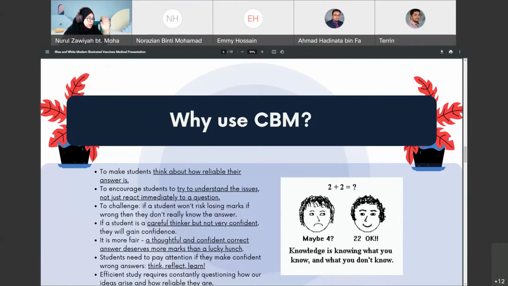If they see the CBM results, they will think, reflect, and learn. Oh, I was really confident 2 plus 2 is 22, but I was wrong. Now I have to get back to basic addition and subtraction to know what the answer for 2 plus 2 is, for example. So efficient study requires constantly questioning how our ideas arise and how reliable they are.